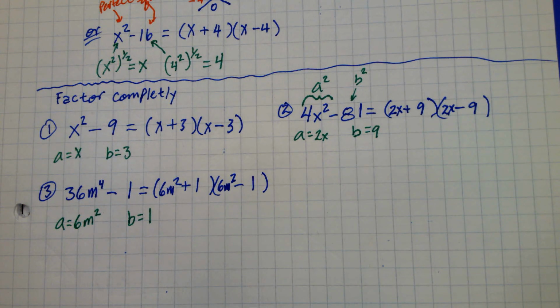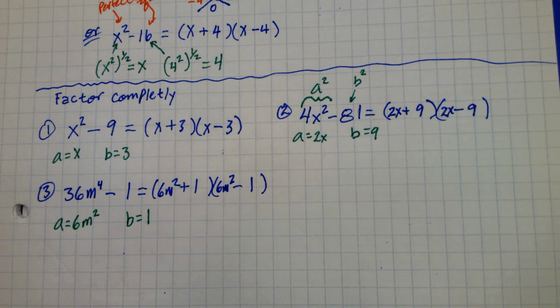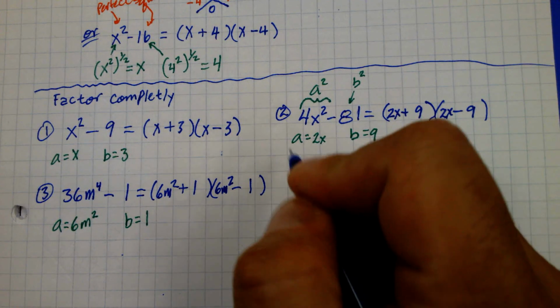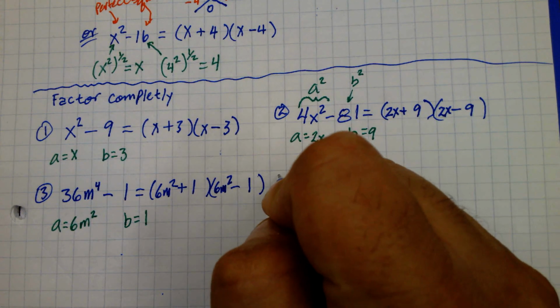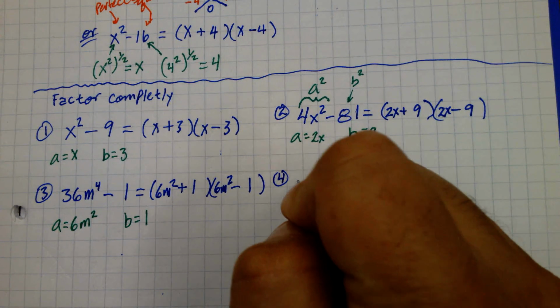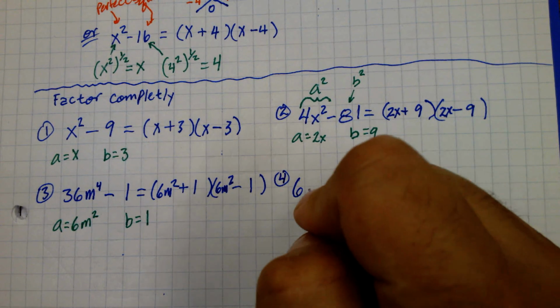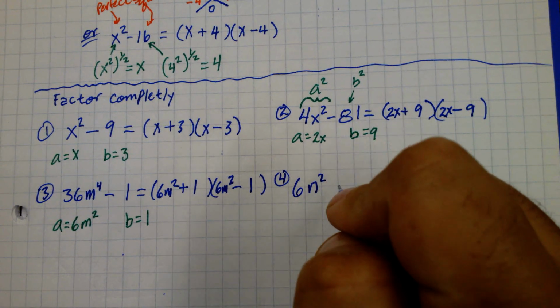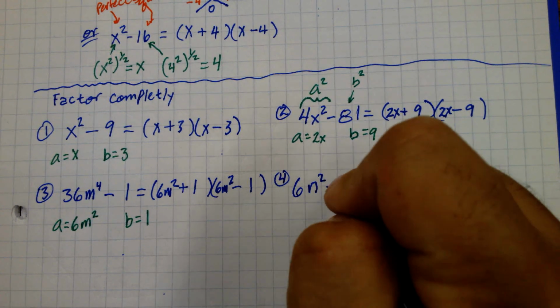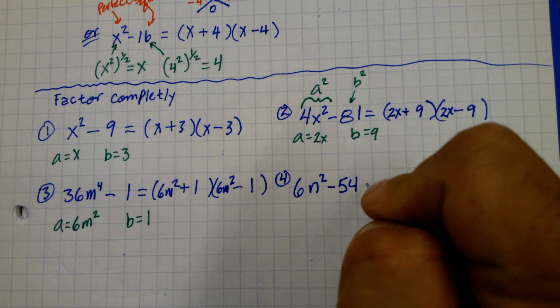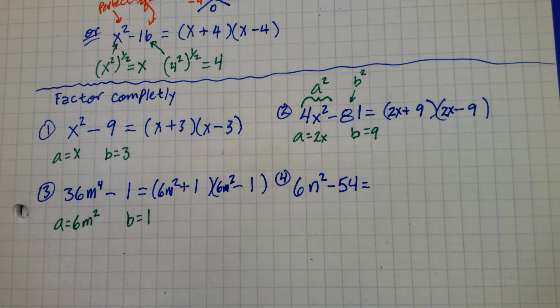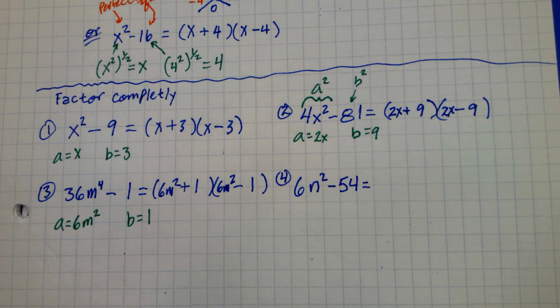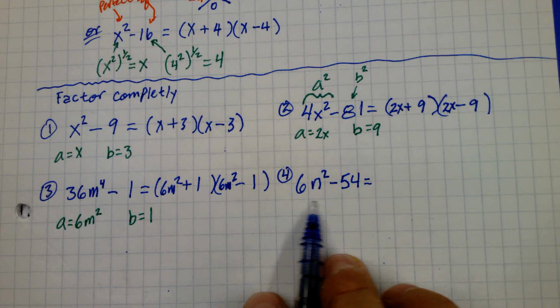All right. Here's a challenge one. Number 4. 6n squared take away 54. What do you notice? Anything? Do we have a perfect square here?